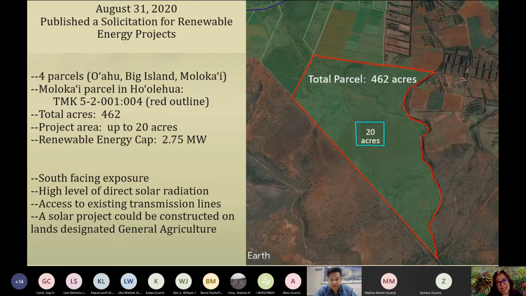And in our island plan, we've designated this land for general agricultural use, which means that it's not a priority area for homesteading at this time, and renewable energy development could be under this designation of general agriculture.